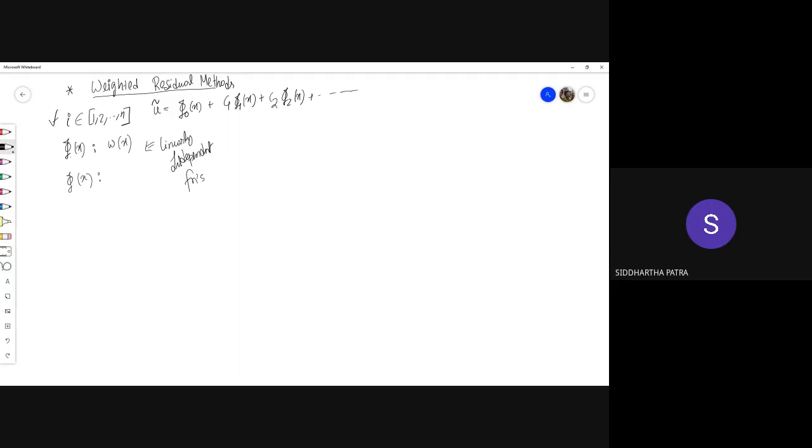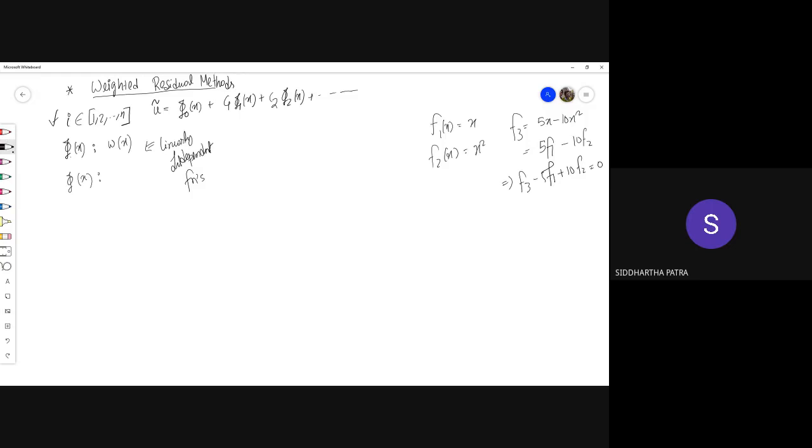Now, what do I mean by independent functions? Let's say f1 of x is x, and f2 of x is x squared. Then f3 being, let's say, 5x minus 10x squared. These three are not linearly independent, because you can write f3 as 5f1 minus 10f2, and eventually f3 minus 5f1 plus 10f2 equals 0.